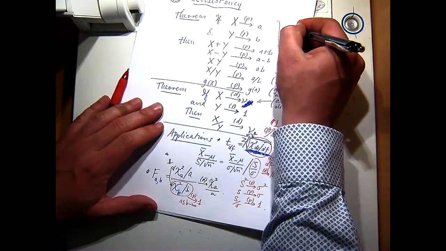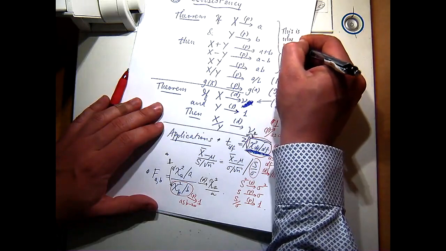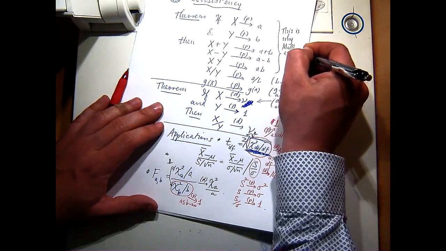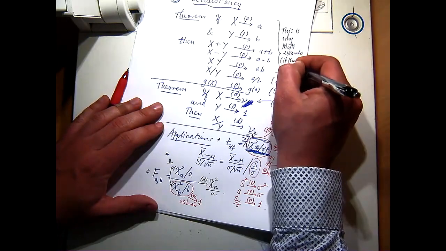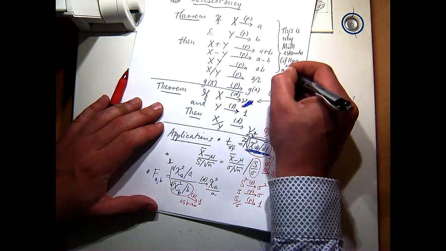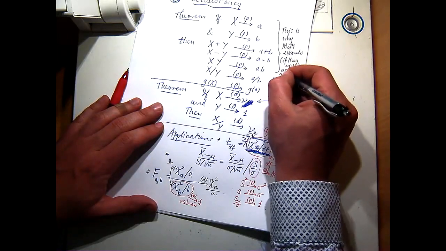Essentially, I'm not going to go into details. This is why method of moment estimators, if they exist, so if you can actually come up with a method of moment estimator, are, the word I used was consistent.